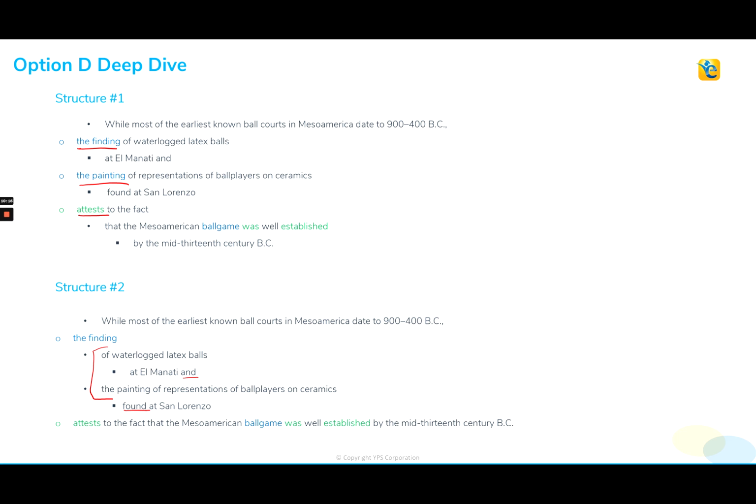The finding and the painting being those two subjects with that subject-verb error. But either structure that you look at here, you have illogical meaning because it's not the finding that attests to anything. And the use of the finding found within that same construct is just completely illogical. So we can rule choice D out no matter what structure you're using.